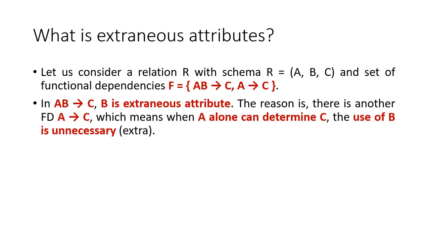Why? Because there is another functional dependency A determines C, which means that when A alone can determine C, the use of B is unnecessary, that is, extra. So B is an extraneous attribute in the given functional dependency.